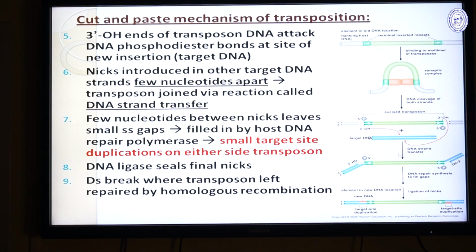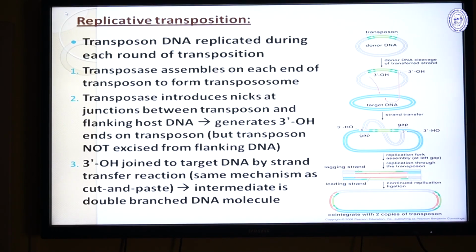The new transposon has already entered, and if there is any double-stranded break, that will be repaired by the homologous recombination mechanism. Finally the new DNA that you are getting contains the new transposon that has been inserted very successfully. So this was a small view about how the non-replicative cut and paste mechanism occurs.